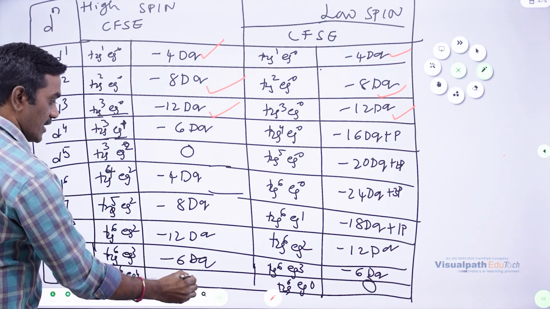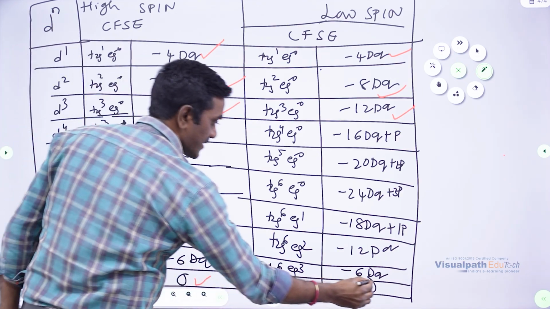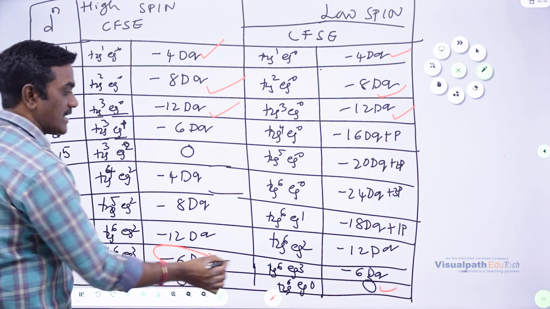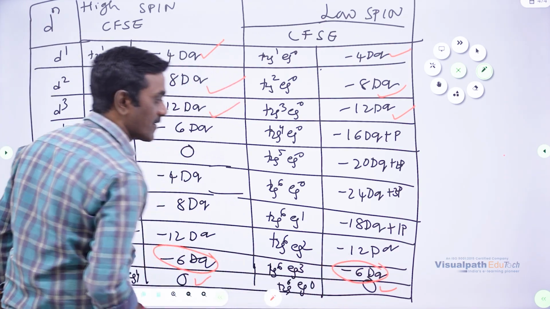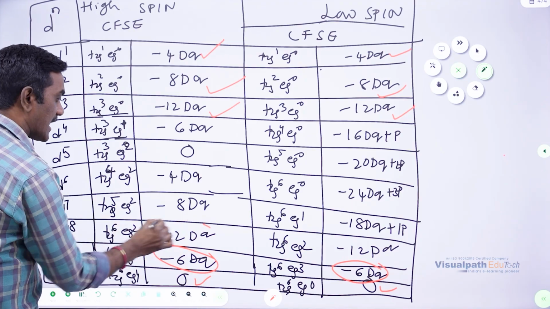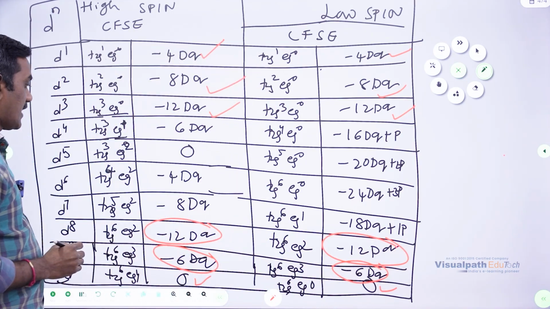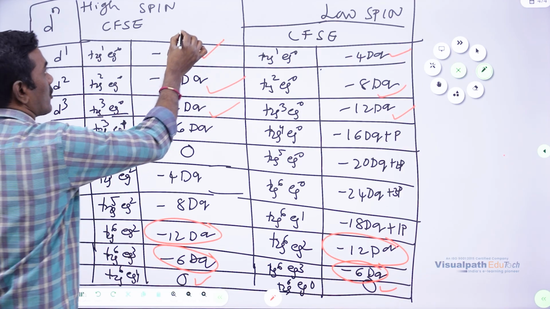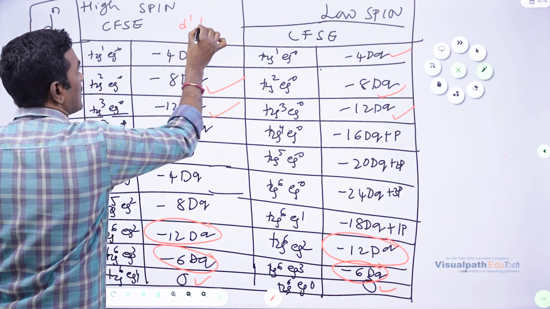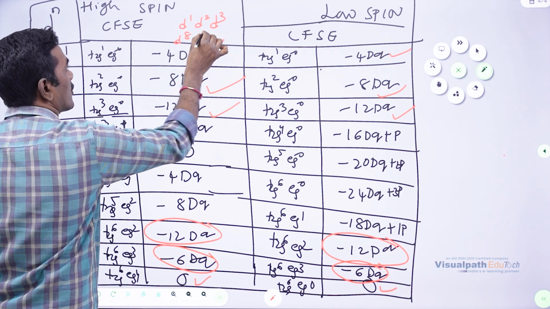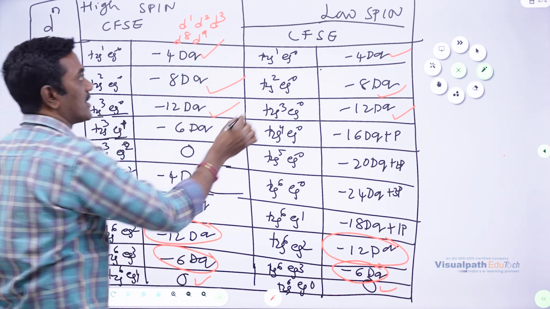In the same way, d10 is going to be 0. Here we can see from d9, it is going to be the same. The same way, d9 and d8, it is going to be the same, right? So the ones which have the same configurations and same CFSE are d1, d2, d3, d8, d9. Obviously, d10 is going to be 0 only.